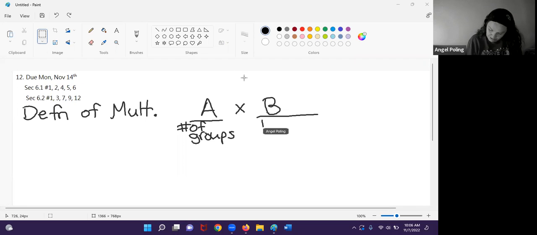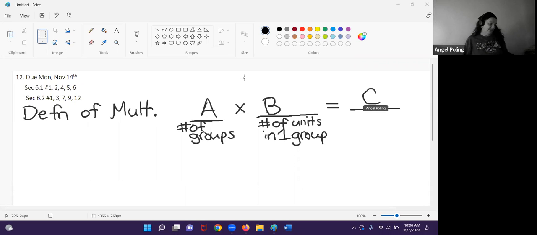B is the number of units in one group. And then C, I almost said quotient, here that's a product, right? Multiplication. Okay, so we've got the number of units. They say in A groups, I say in total, right? Okay, so that's our definition of multiplication.